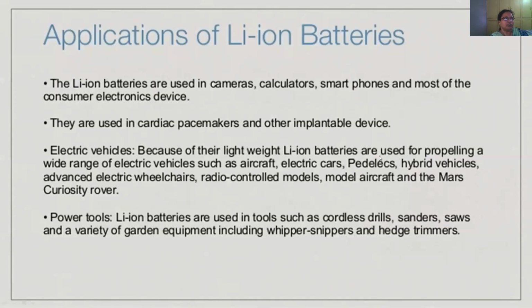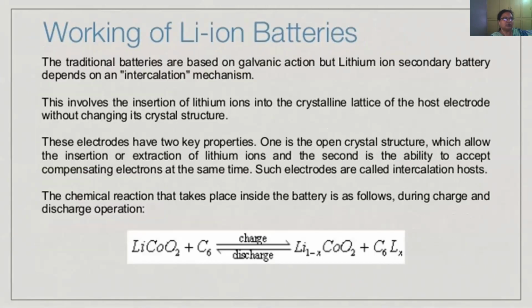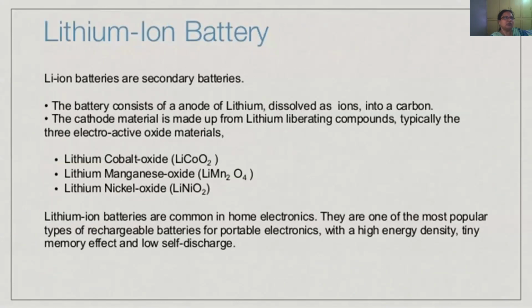Now we'll go for lithium ion batteries. A lithium ion battery is also a secondary battery. It consists of lithium cobalt oxide as the anode, and lithium manganese oxide or lithium nickel oxide, anything can be used as cathode. Lithium is used as anode, that is fixed; the cathode can be any one of these.